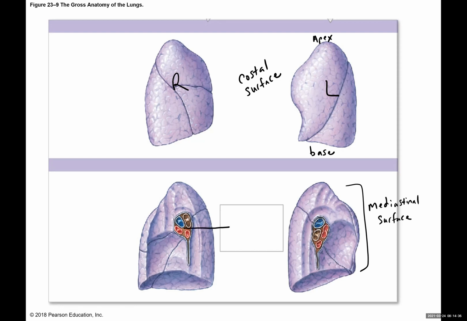Here where the blood vessels and bronchi are penetrating into the lung, we have the hilum. And then we're able to see here and here what we've already labeled on our models as the diaphragmatic surface, meaning closest to the diaphragm.